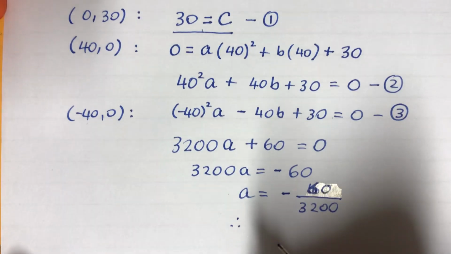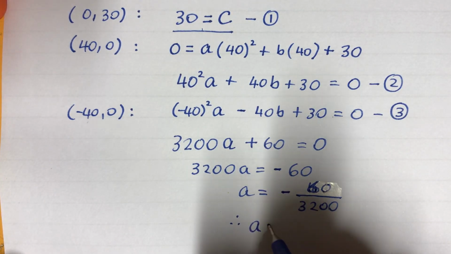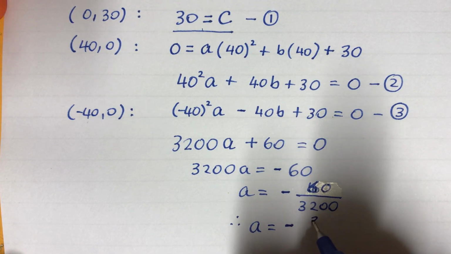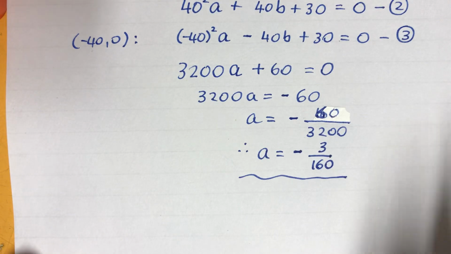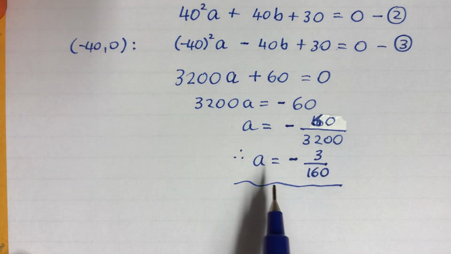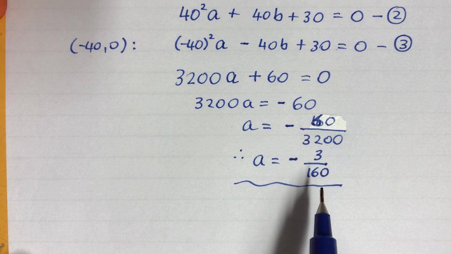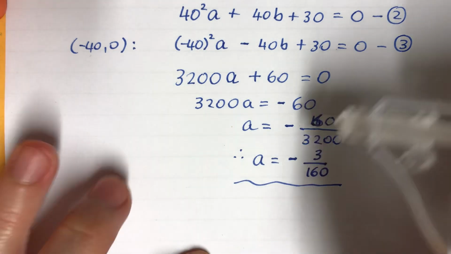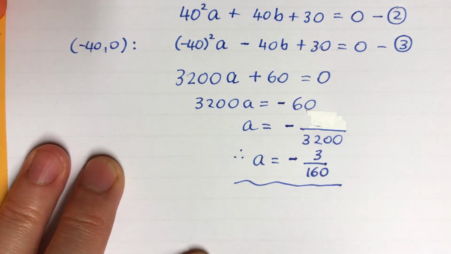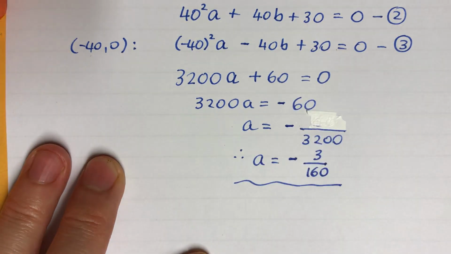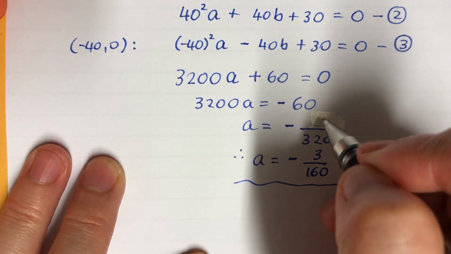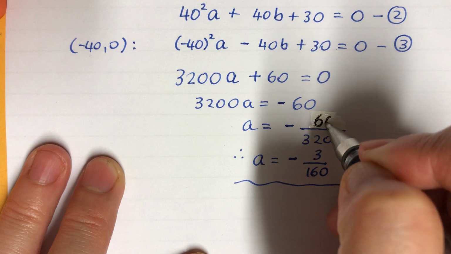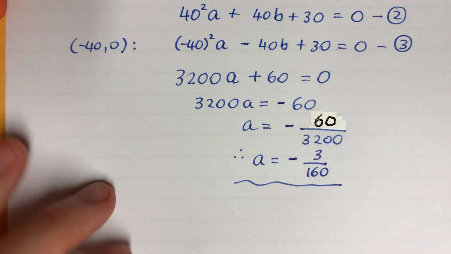Therefore, a equals minus 3 over 160. Okay, so that's what I've got. So I had c equals 30, a equals minus 3 over 160. I might just tidy this up a little bit: minus 60. Yep, that looks better.